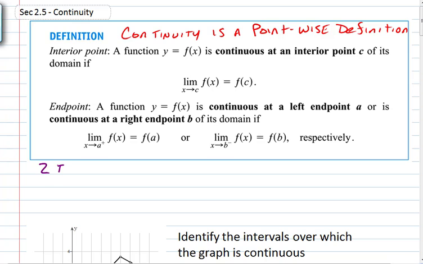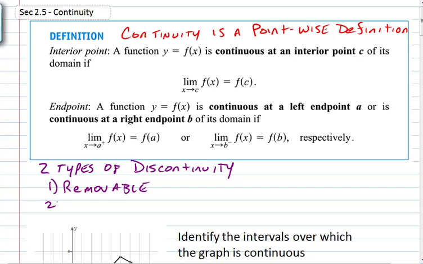Two types of discontinuity. And we've looked at them both, but I haven't called them as such. We have removable and we have non-removable.